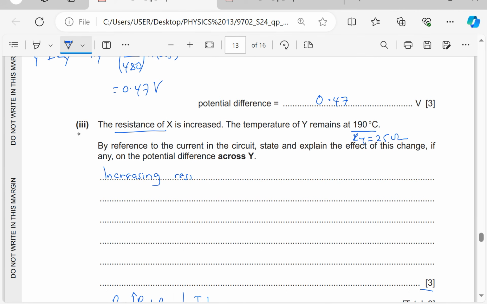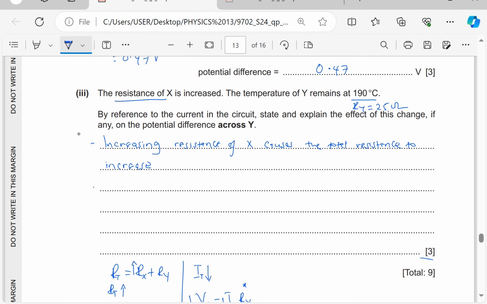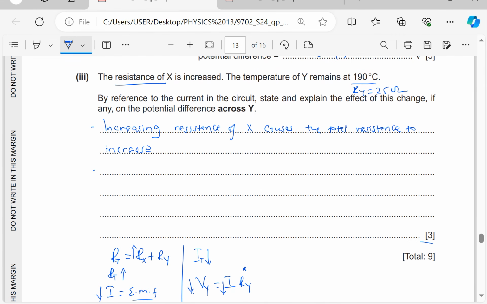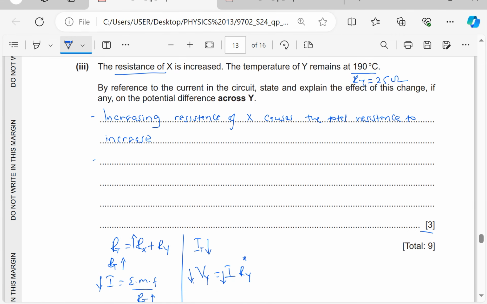So I'll say: increasing the resistance of X causes the total resistance to increase. And if the total resistance increases, it means the total circuit current decreases.